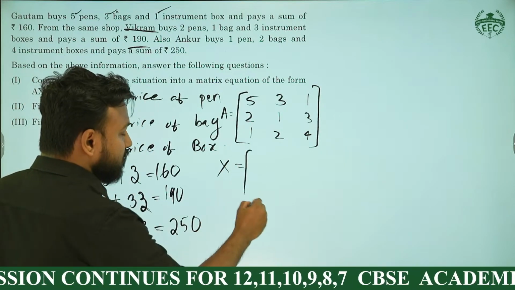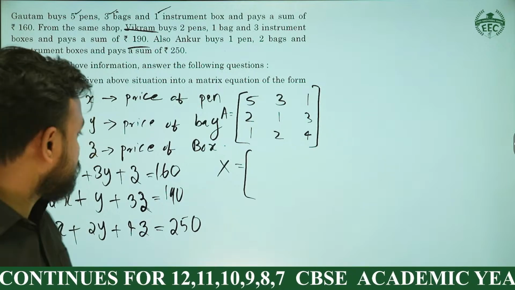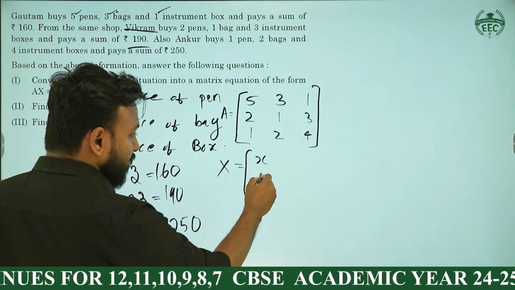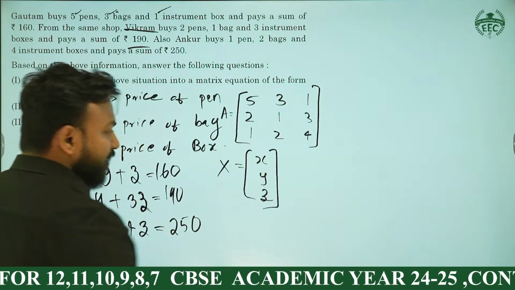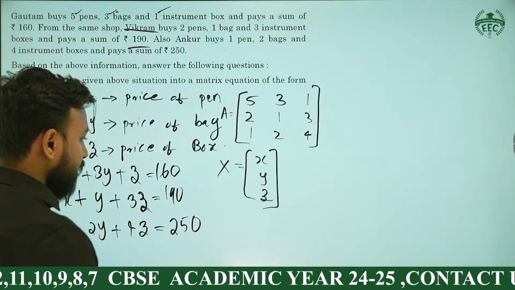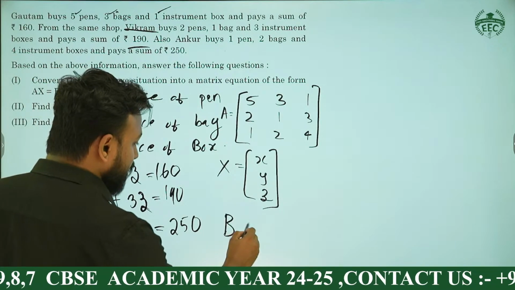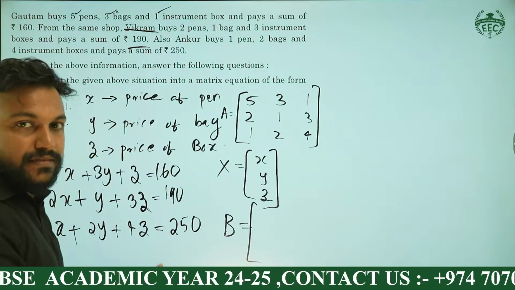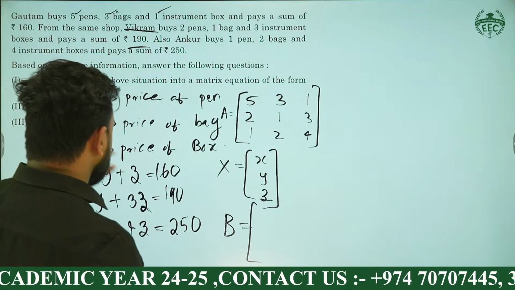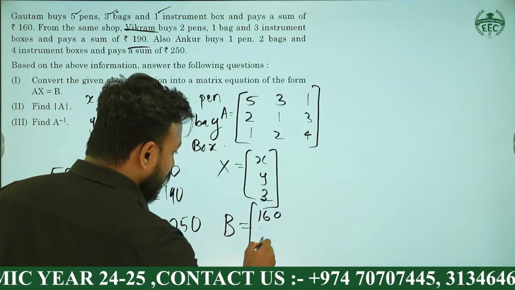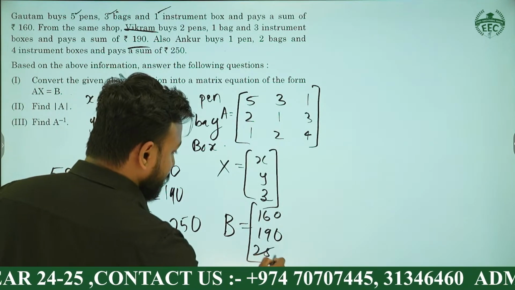What about X? X is a column matrix, that is the price of the things, x, y, z, the variables that we don't know. Okay, then what about B? B is the sum of the prices of these things, that is 160, 190 and 250.